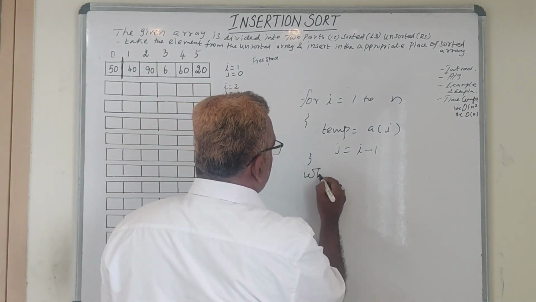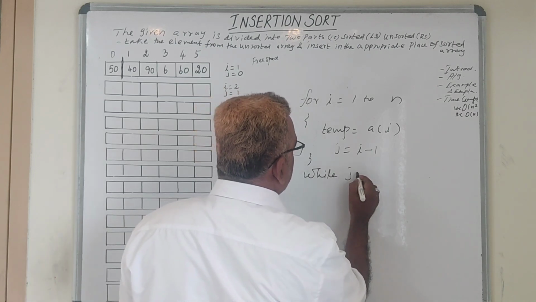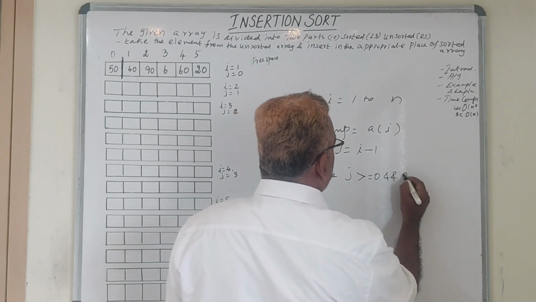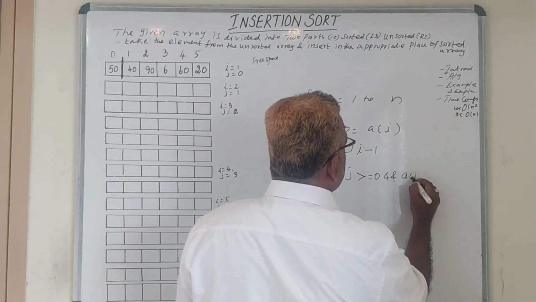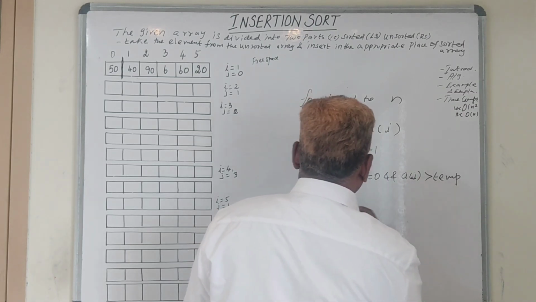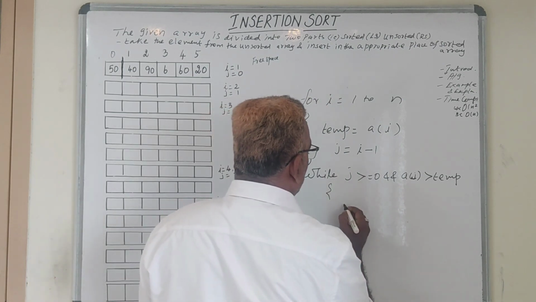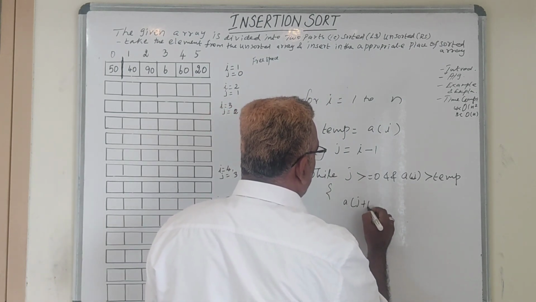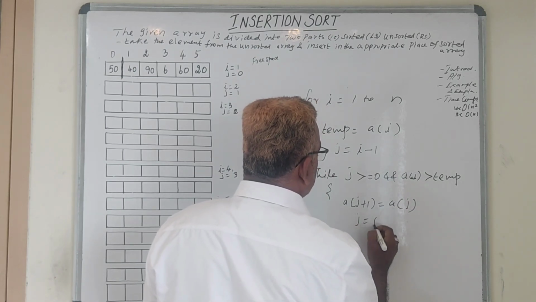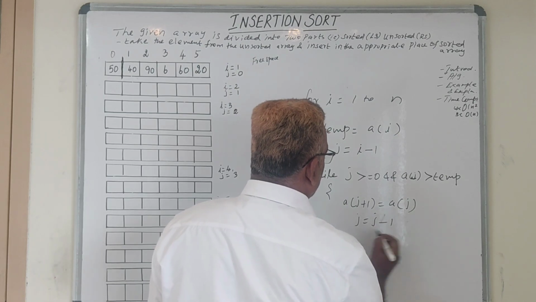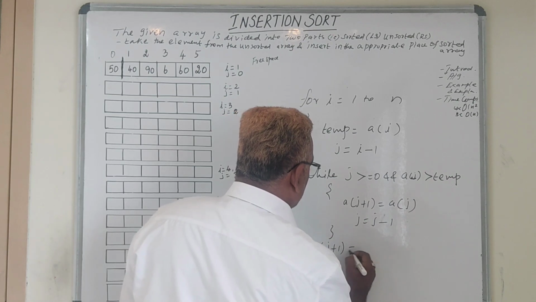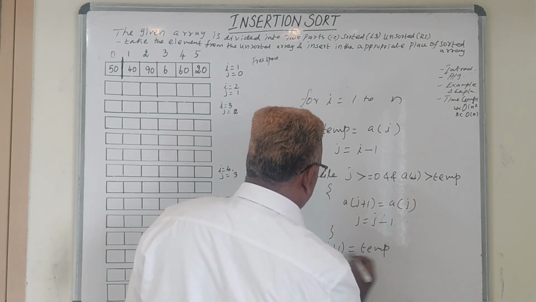Then another loop: while j is greater than or equal to 0 and a of j is greater than temp, we do the operation a of j plus 1 is replaced by a of j, and j is decremented by 1. Finally, in a of j plus 1 we store the temporary value.